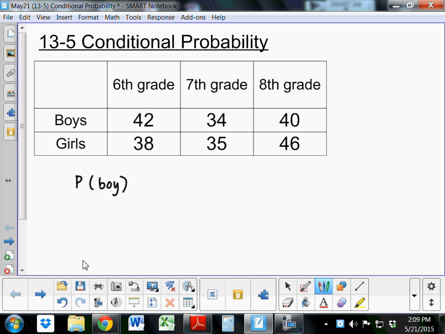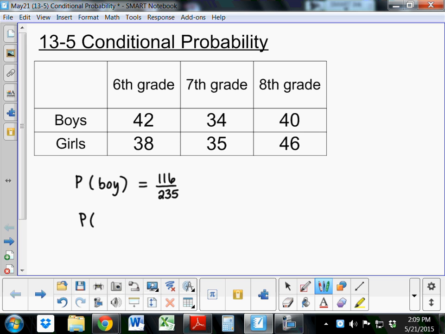There are boys, 116 of them, divided by the total number of people, since it's supposed to be successes out of total. What is it? 235. Okay. And then we would just check to see if that reduces. No. So that is the probability of you being a boy.